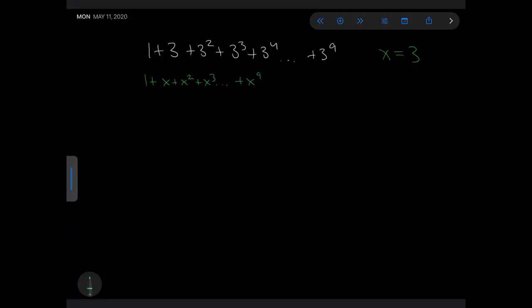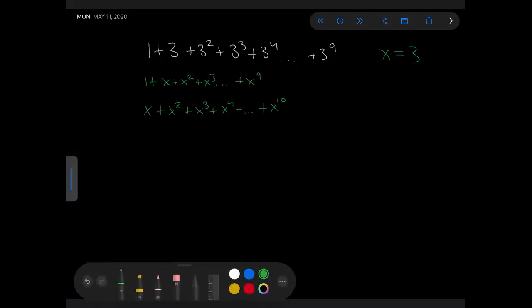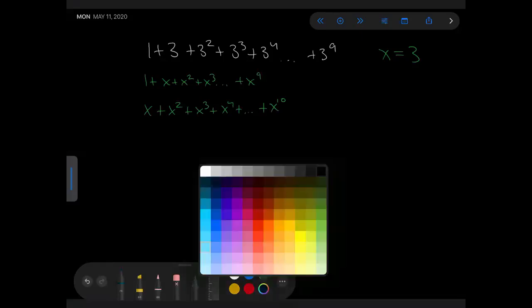And since we're multiplying each term by x, let's multiply the entire sequence by x. So when we do that, we get x plus x squared plus x cubed plus x to the 4th plus dot dot dot plus x to the 10th. There's a lot of like terms.